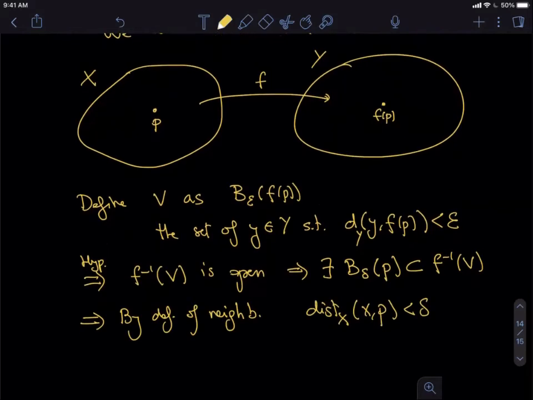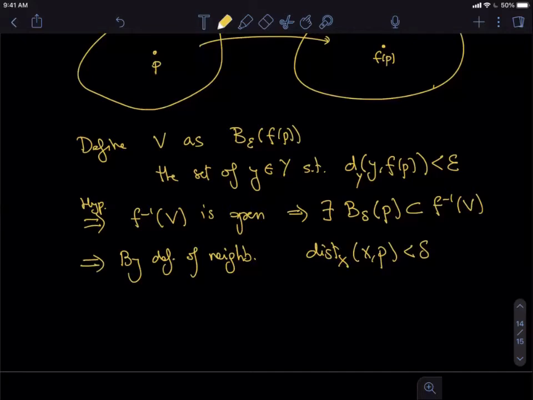Okay. So in this neighborhood, if we have x that is in this ball of radius delta around p, then the way we have defined things, we know that f of x must belong to a ball of radius epsilon around f of p. Okay?